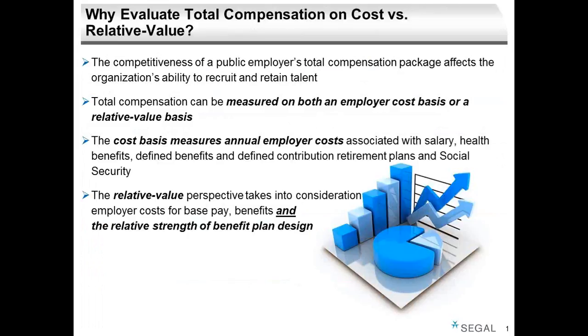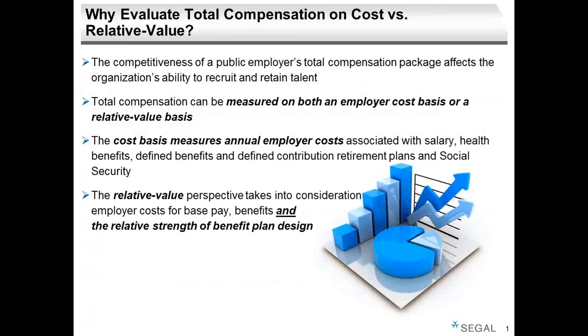So the question becomes, why evaluate total compensation on a cost versus relative value basis? Well, first of all, the reason to evaluate total compensation is to support an organization's ability to recruit and retain. And if compensation were simply that which is in one's paycheck, this would really be a pretty easy exercise.